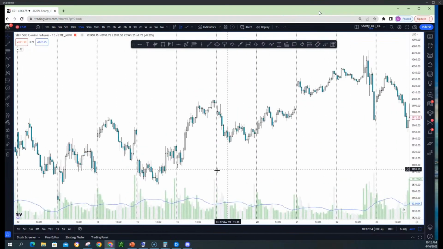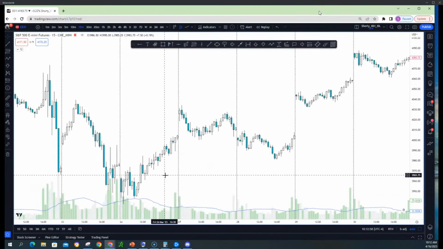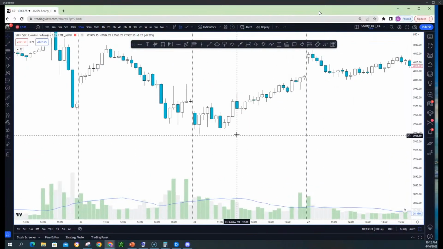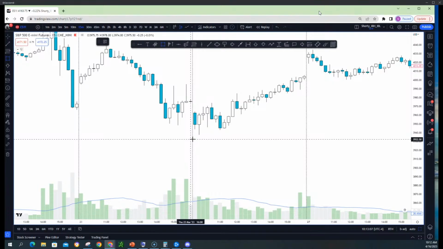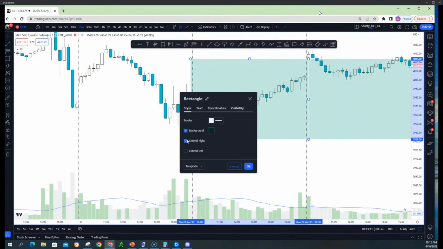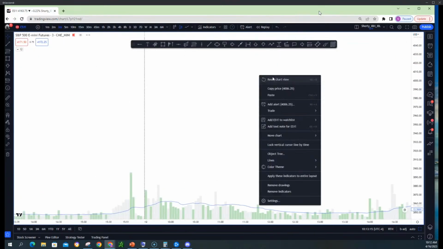I'm trying to find it. Look at these, it's been compressing a little bit. All right, let's take a look at this one. This one had decent volatility. I'll highlight this just so I don't lose it. Okay, we go in 3 minutes.